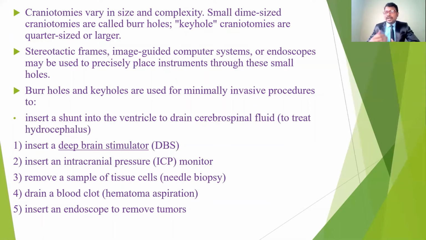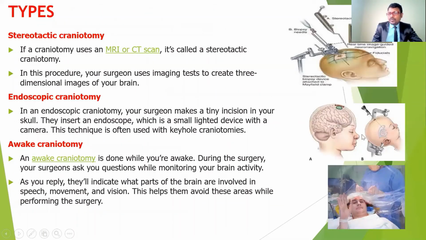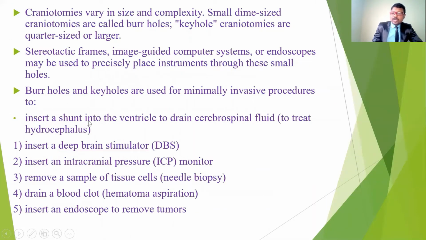If you want to identify what type of cancer, infection or disease progression, you take a needle biopsy, inserting the needle to take a small amount of tissue from the brain for analysis and tissue investigation. Next is draining a blood clot. In case of hematoma or aspirations, a drain is sent through the burr holes into the brain.